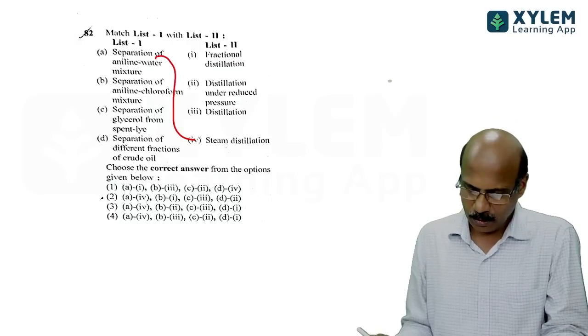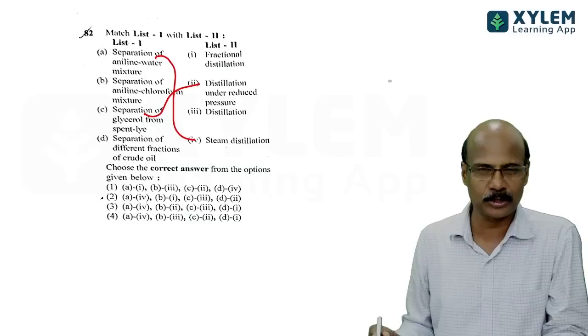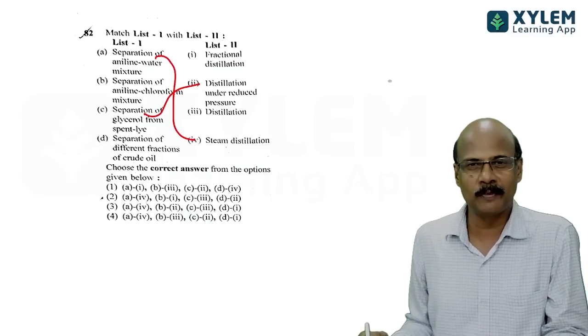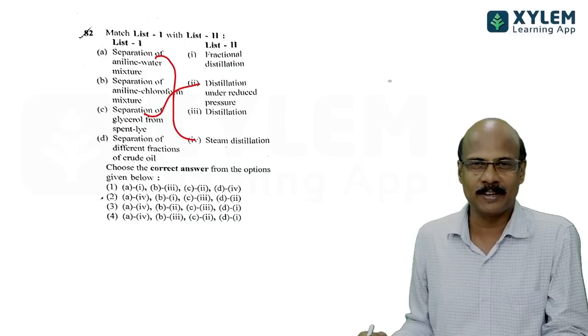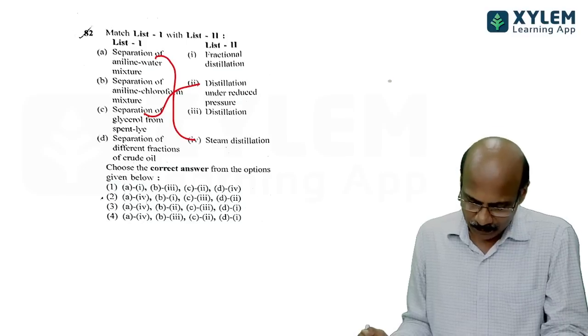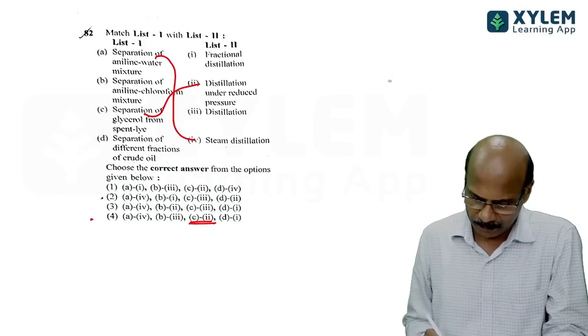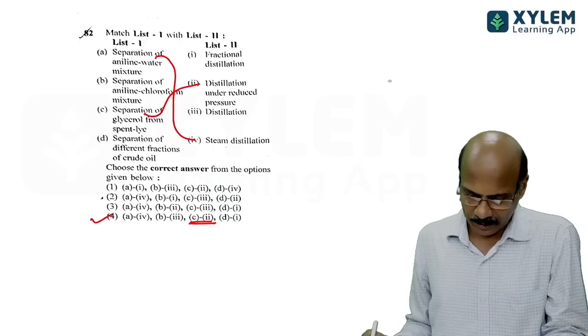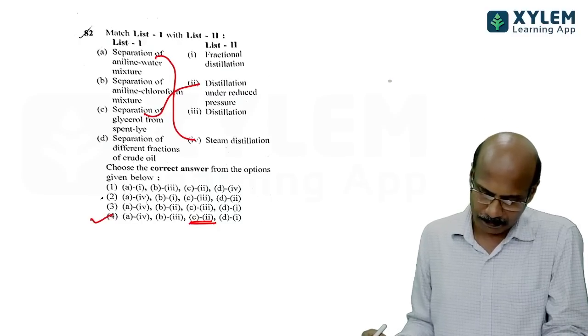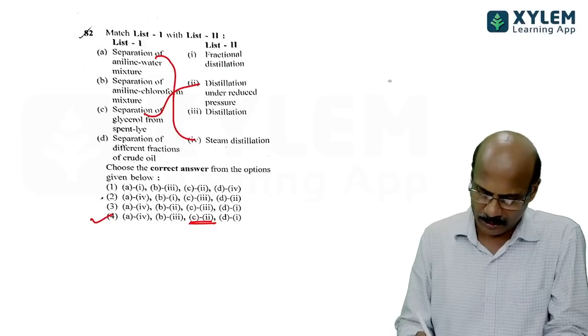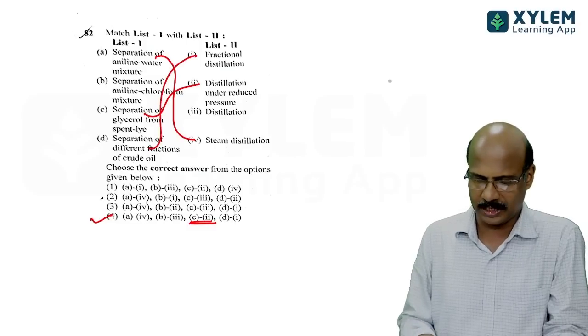Vacuum distillation or distillation under reduced pressure, because at a very high temperature glycerin will undergo decomposition. So we can give C2. Fortunately, there is only one combination, C2. So A4, B3, C2, and separation of different fractions of crude oil is fractional distillation.